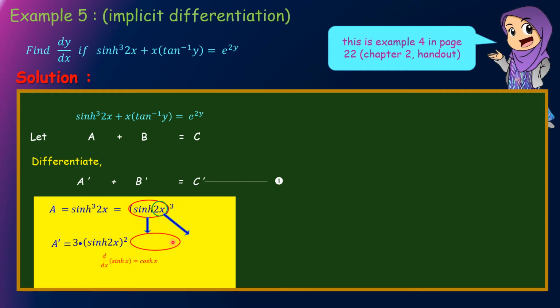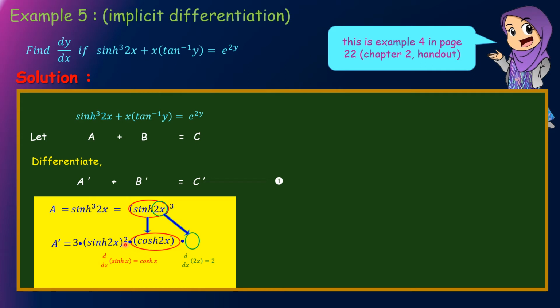To differentiate sinh 2x, we can refer to the derivative of sinh single x, which equals cos single x. So when we differentiate sinh 2x, the answer should be cos 2x.